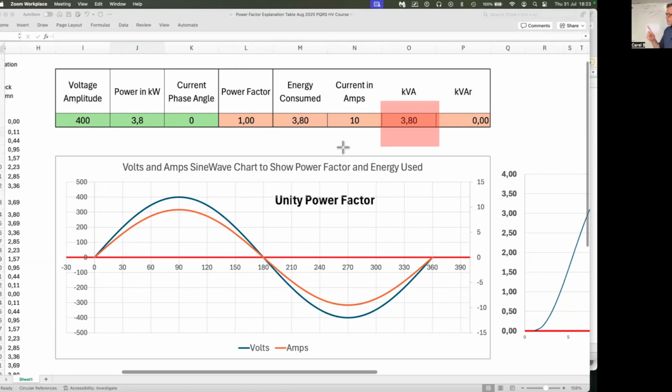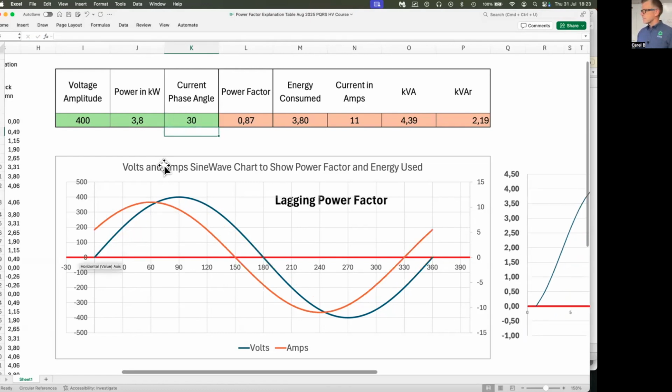But that's when the power factor is at unity. So if we mess around with the phase angle over here, which is exactly what I want to do, let's say the phase angle is 30 degrees. It turns into a lagging power factor. Our power factor is now 0.87, but our amps is 11 amps.